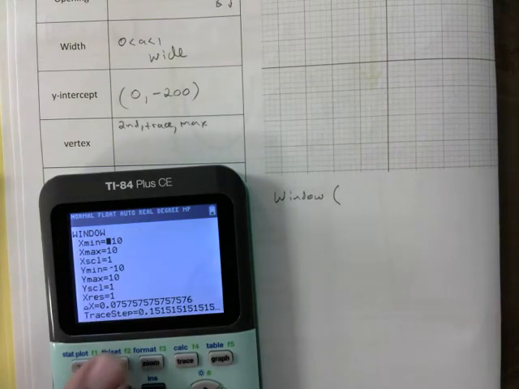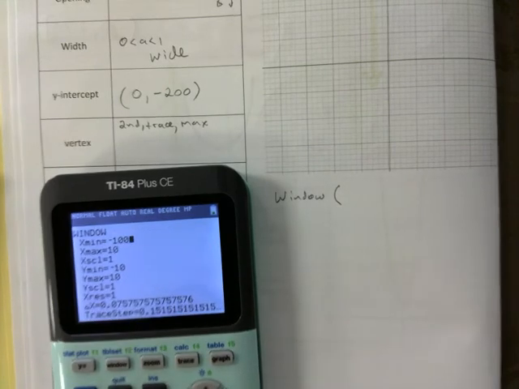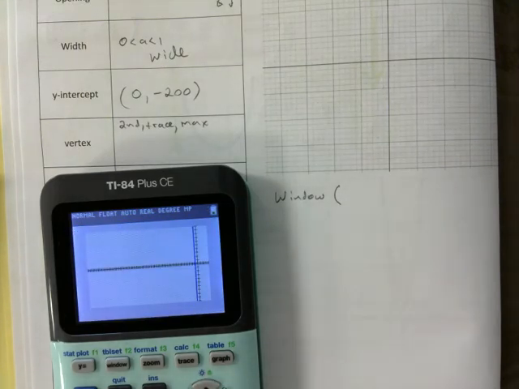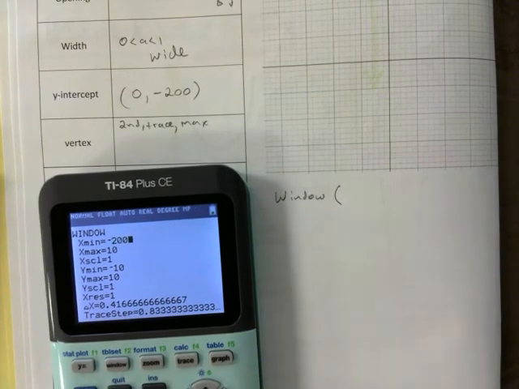So let's go to my window one at a time. I'm going to go X min negative 100. Negative, not minus, because you're going to get an error. Still nothing. Negative 200.